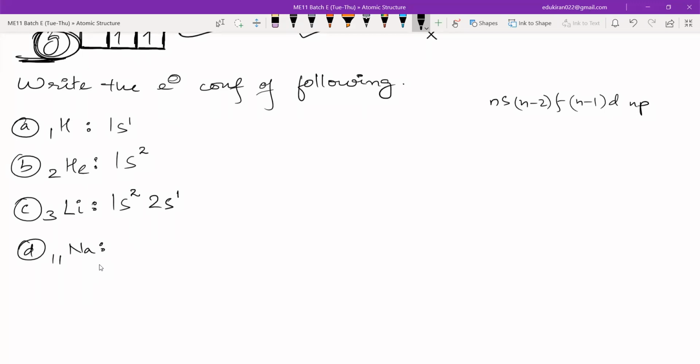I can hear the voice of the chat very clearly. Okay, so for sodium, we will start with what subshell? Tell me. Yes, Abdul Wahid, what subshell?